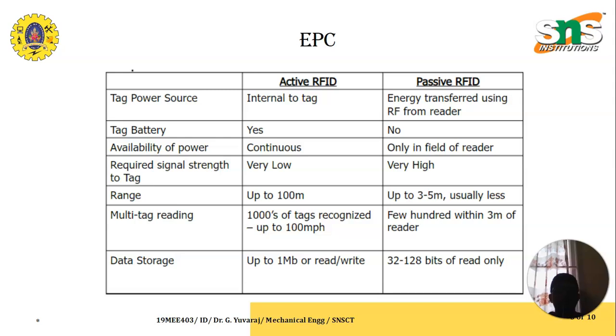Active RFID generally ranges up to 100 meters, whereas passive has a restriction of a maximum of 3 to 5 meters.